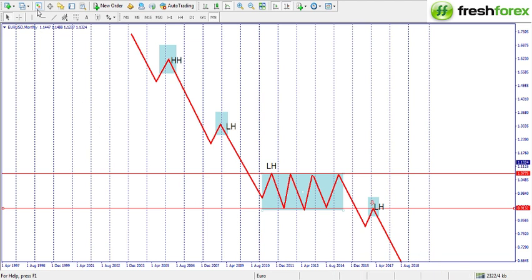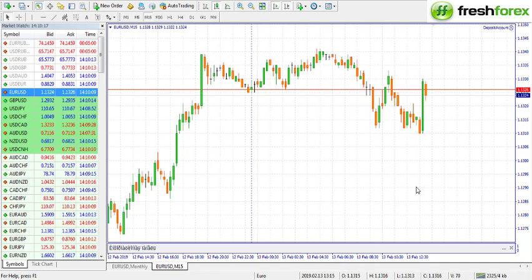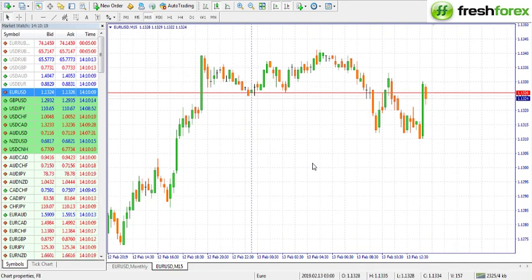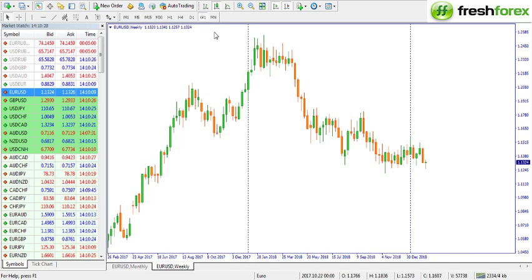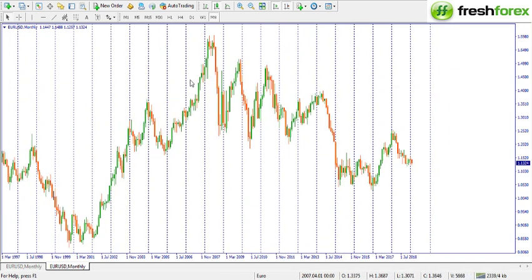I'm going to look at a real chart, Euro USD, and I observed that on the monthly chart. Just look at this chart properly. From this point here, this was 2007 until now, there's a higher high which was formed here.